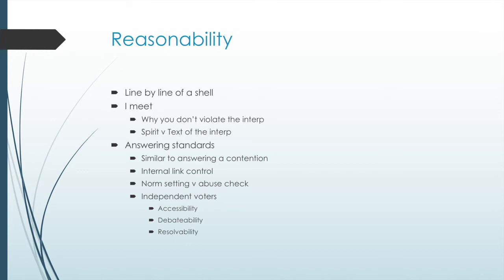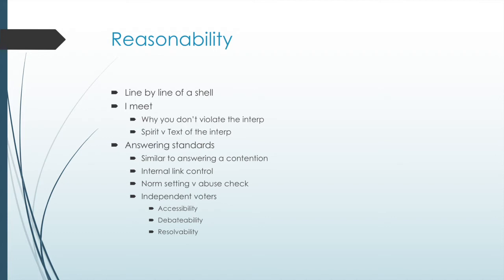It's on par with the perm on a counter advocacy, a CP or a K, in the sense that every time you're answering theory, you're going to try to make an I-meet. I-meets are super important arguments. They're super helpful, and it's absolutely essential that you make these arguments every time you get the opportunity.